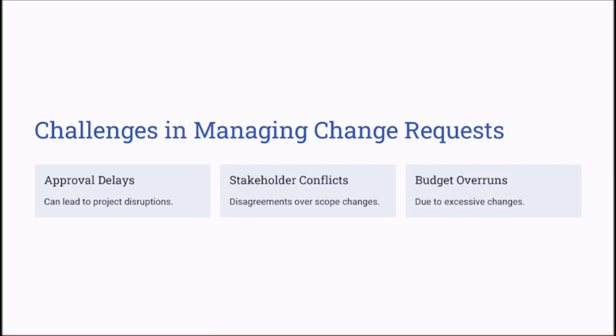For example, in software development, marketing may request a new user interface enhancement, while engineers worry about delayed testing. So, aligning the stakeholder priorities through compromising and impact analysis helps to resolve such conflicts.